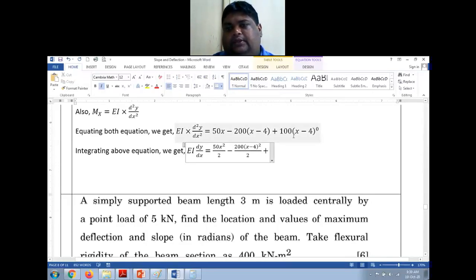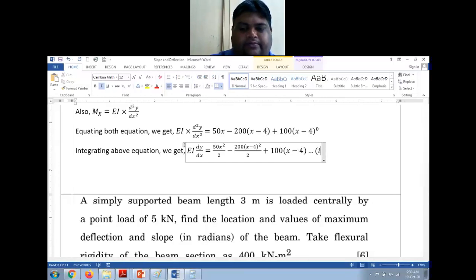Plus 100 into x minus 4 raised to 0. So it will become 100 into x minus 4 raised to 0 plus 1 by 0 plus 1. So it will be x minus 4 raised to 1 by 1. So we just keep it like this. Now this I will call it as equation 1.